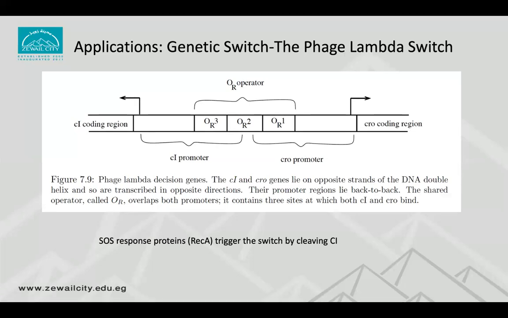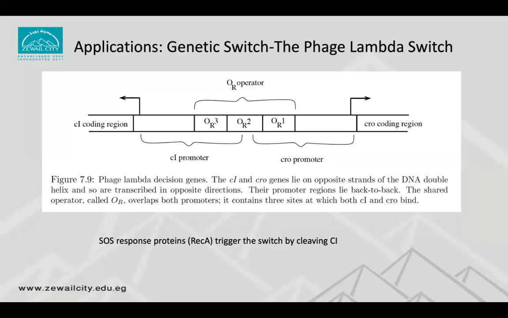In the other mode, it turns on a very large amount of expression, and it basically first takes over the cell and eventually lyses the cell. That's the lytic phase. There are three operators involved, and two transcription factors.